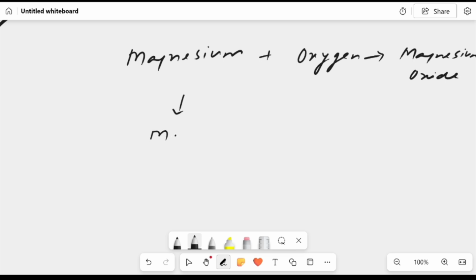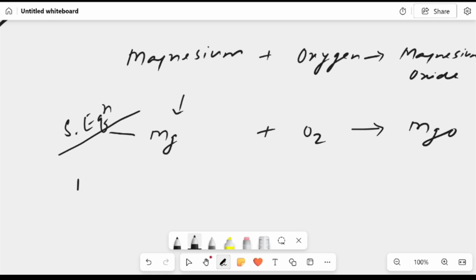Then we write the symbol, oxygen. This is called the skeletal equation. Then we have to balance it, which is known as a balanced equation.